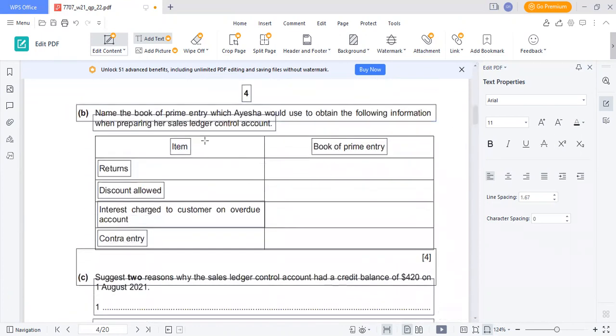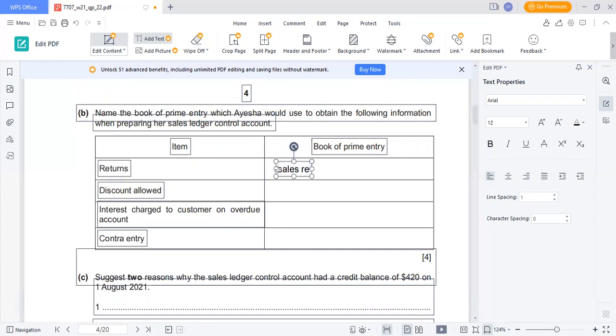Name the book of prime entry which Aisha would use to obtain the following information when preparing her sales ledger control account: returns, discount allowed, interest charged to customer on overdue account, contra entry. So returns are included in the sales return.